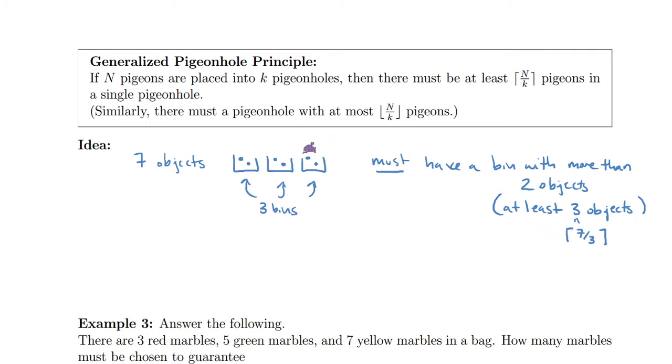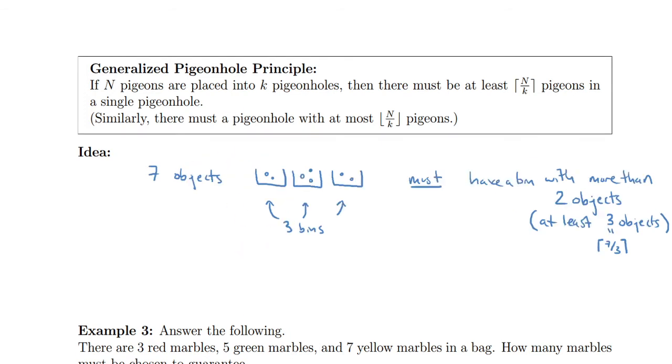You see that? So let's say that I put it in this 3rd one, then this bin has at least 3 objects. Now you could have done that in a worse way, and then you would have gotten to the conclusion even faster, right? I could have just started with the first bin and put all 7 of them in that first bin. But I still get the conclusion that there are at least 3 objects in one of those bins. So I must have a bin with at least 3 objects.